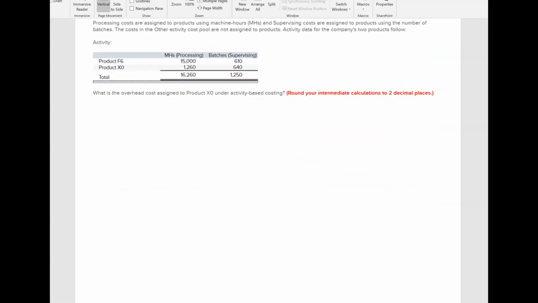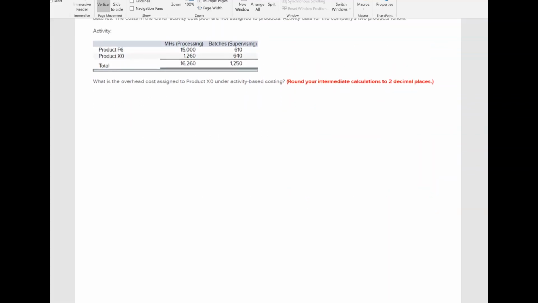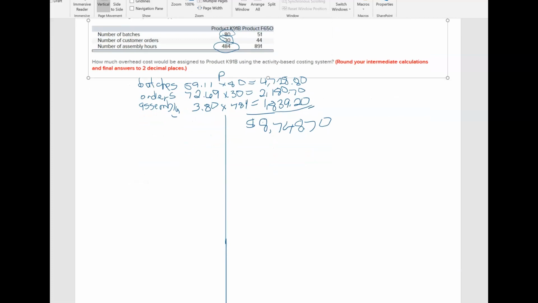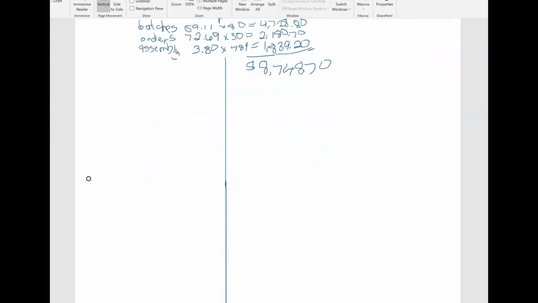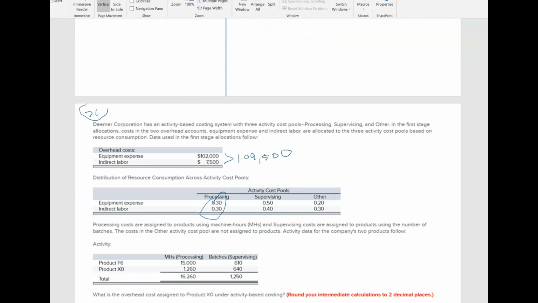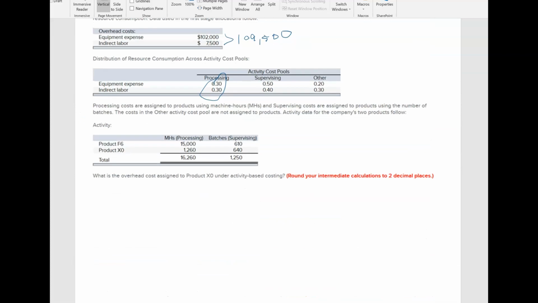So the first thing we're going to do, I'm going to have to bring this up because I need the space. Here we have the processing. Try it down here. It's going to be that total with both of them because it's the same percentage. Or you can multiply each one separately by 30 and you're going to end up with the same answer.